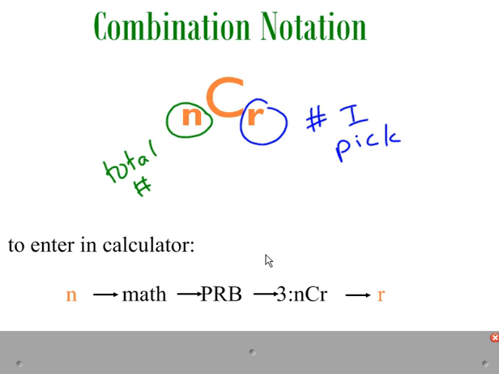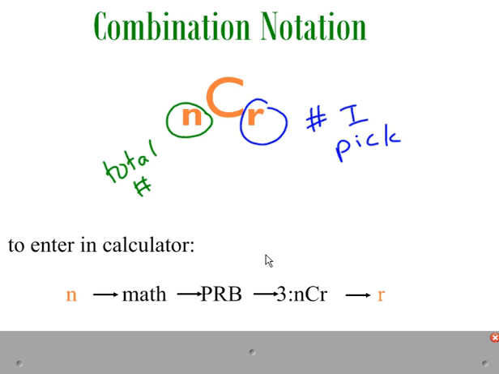Now, when looking at combinations and permutations, we should think about the idea of which one's greater and which one's less, because it's helpful to think about that when you're having to list things. And if you think about it a little bit, if you have permutations, that means that if you get first place, second place, that's different than switching it up and maybe you got second place instead of first place.